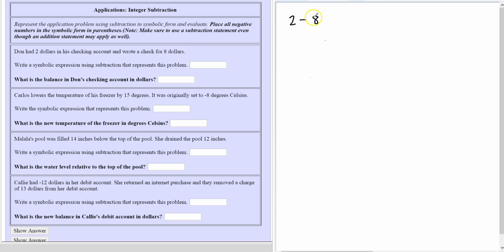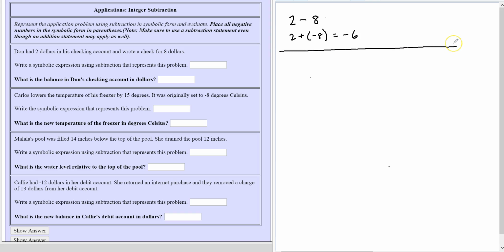So that's going to take $8 out of his checking account. Notice neither of these numbers are negative. Okay, we have 2 and we're subtracting a positive 8. And then to find what his balance is, we would compute this answer. So 2 minus 8 is the same as 2 plus negative 8, which is negative 6.